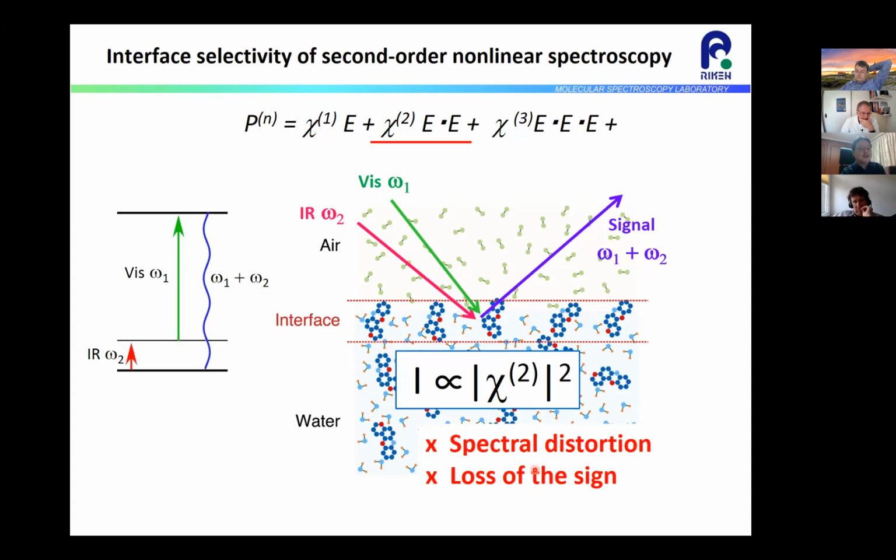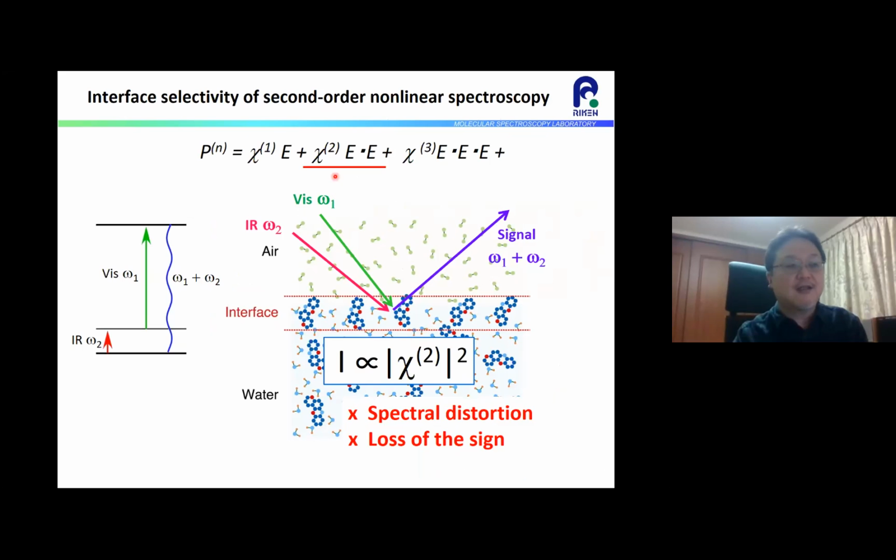In the bulk region, the water solution, and the air region have, in a practical sense, inversion symmetry, but at the interface, inversion symmetry is broken. So once we irradiate infrared and visible light, and if we observe the sum frequency signal, we can say that signal comes from the interface.